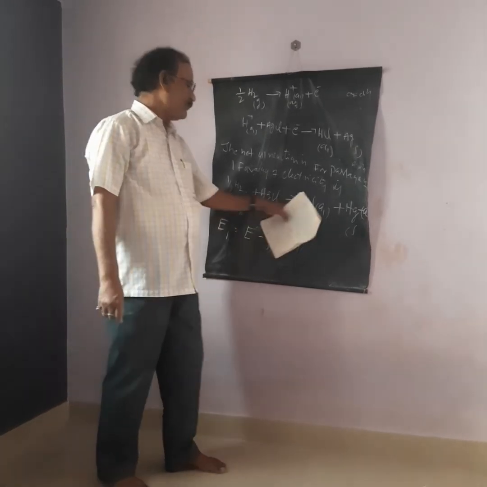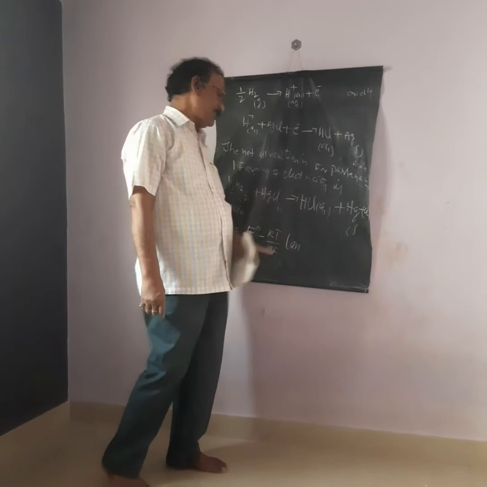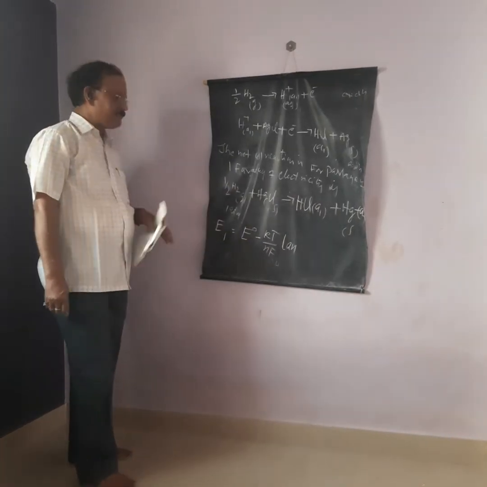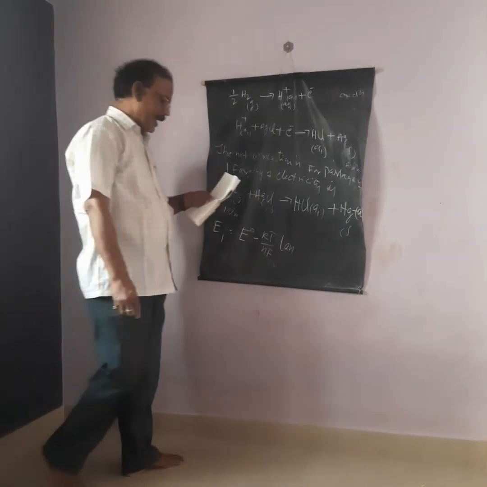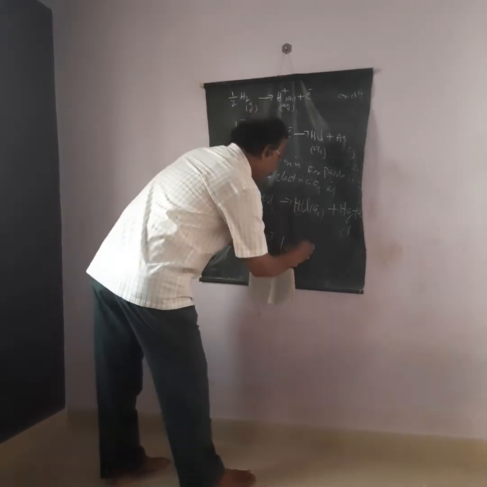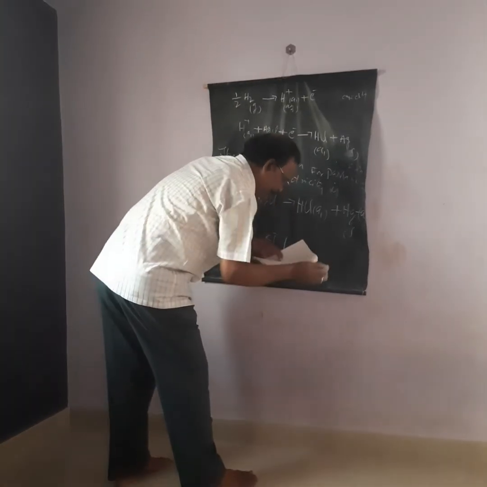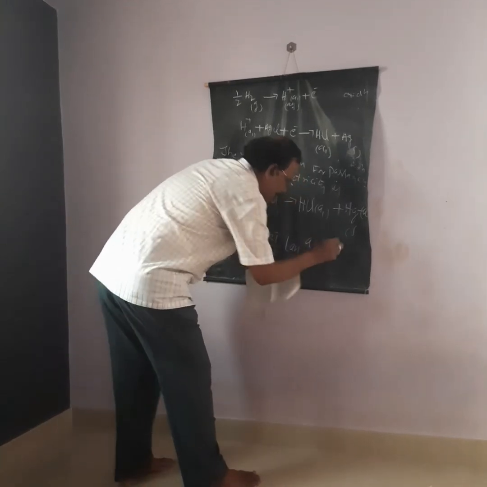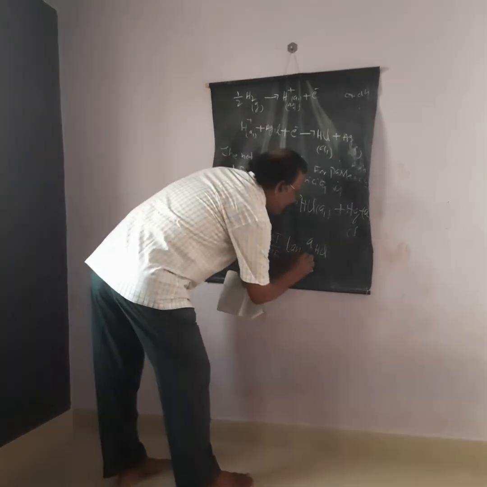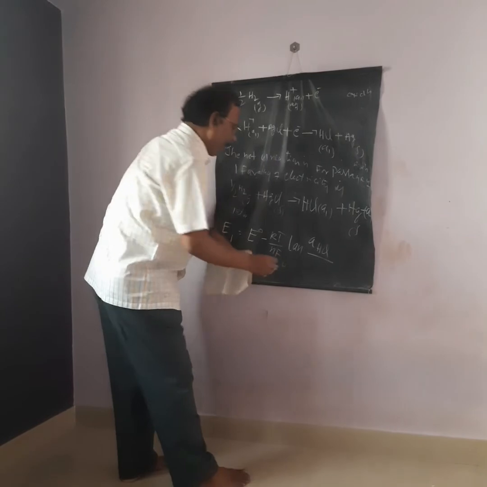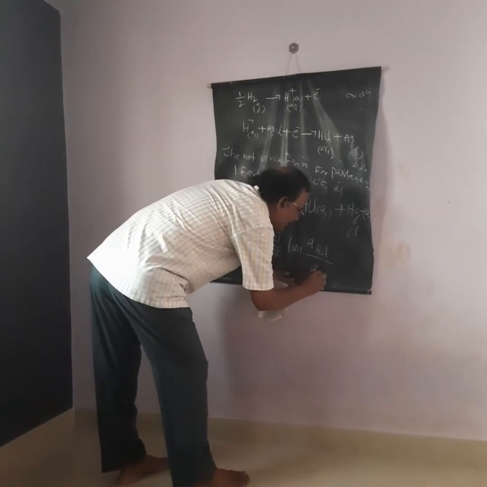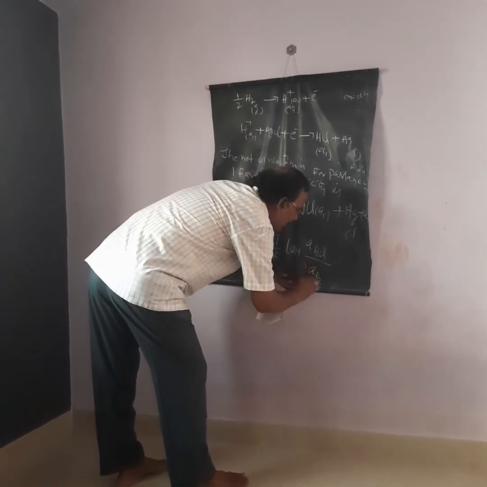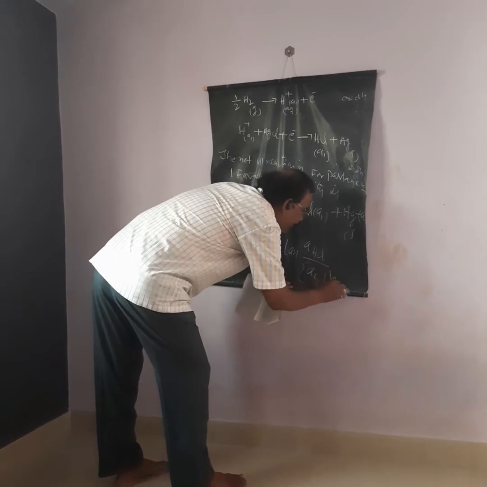Lambda is the activity of the product divided by the activity of the reactant. That is lambda, the activity of HCl divided by the activity of H2 gas raised to half.